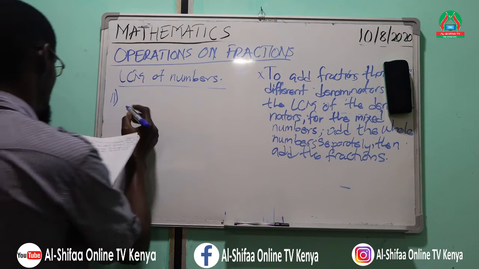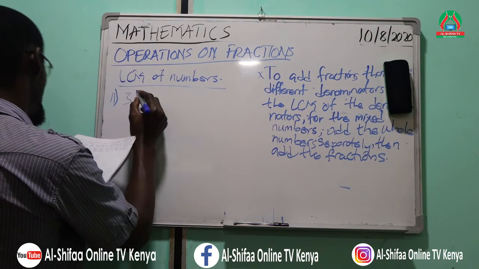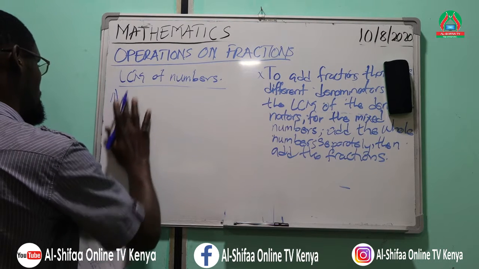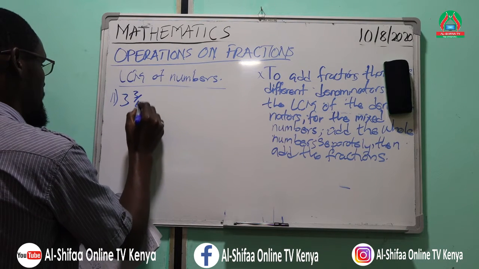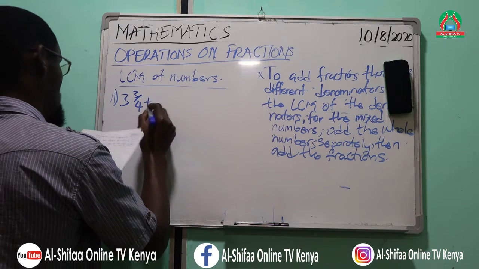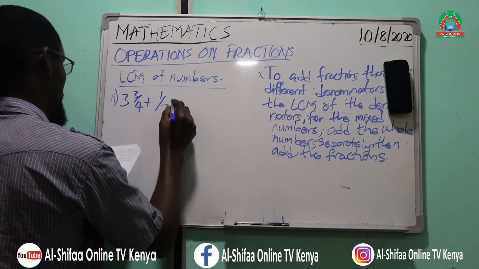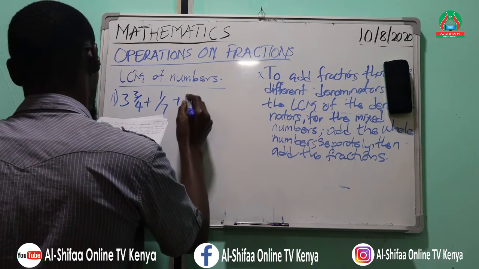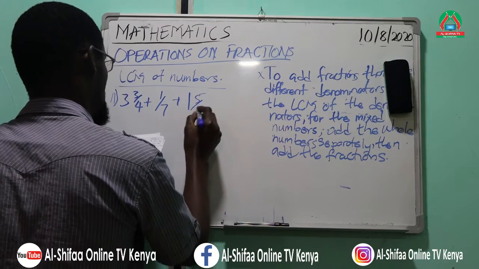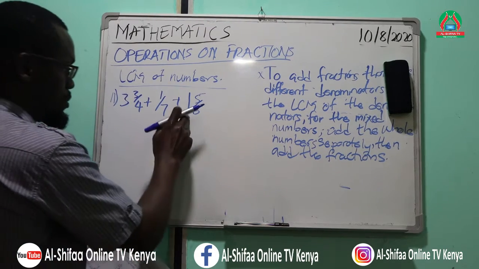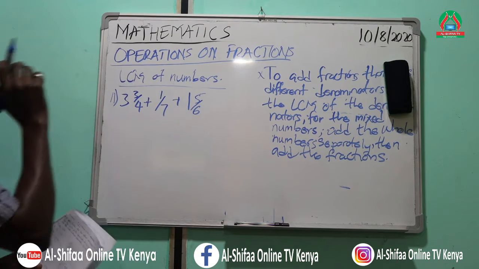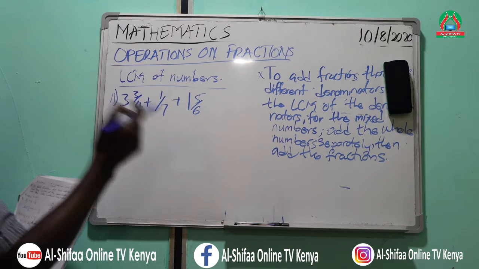We have 3 and 3/4 plus 1/7 plus 1 and 5/6. So 3 and 1 are whole numbers. We are told first you add the whole numbers, then you add the fractions.